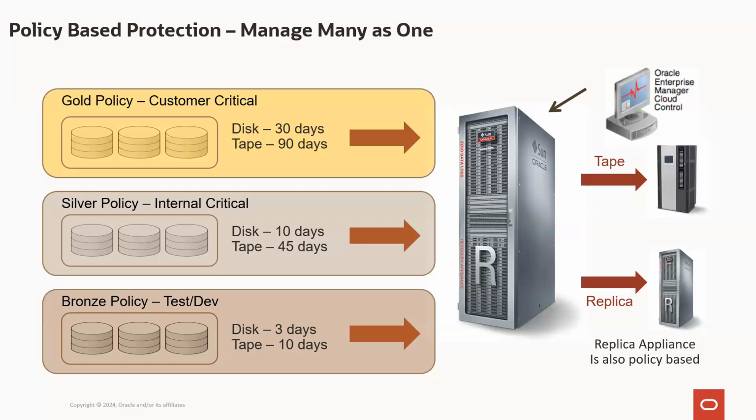So it gives you that central management point and ensures that as you add new databases to be backed up, you have that consistency for all your database backups that are at that same level because they all share the same policy. So it gives you that nice management, and it ensures that the retention is correct for your databases.